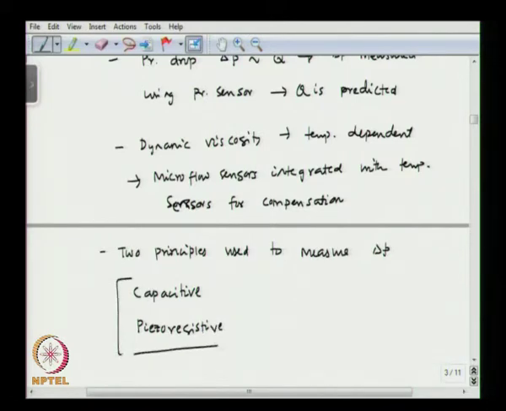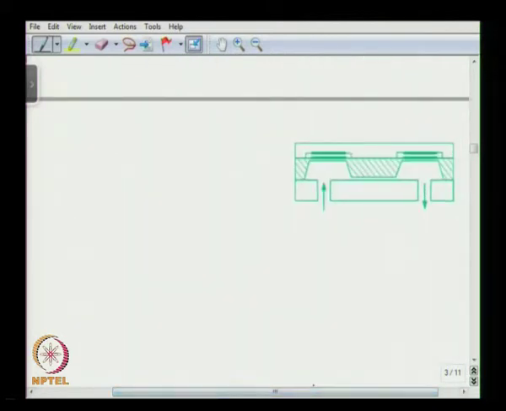So, these two principles are used to measure pressure drop, and from there flow can be predicted, okay. Let us first look at capacitive type pressure flow sensor. So, we look at capacitive type pressure flow sensor.